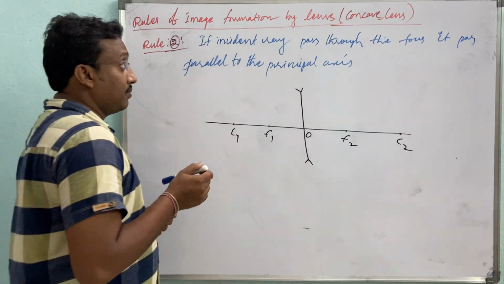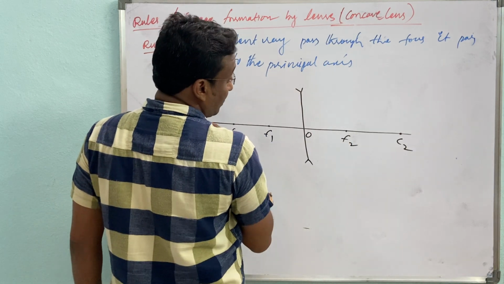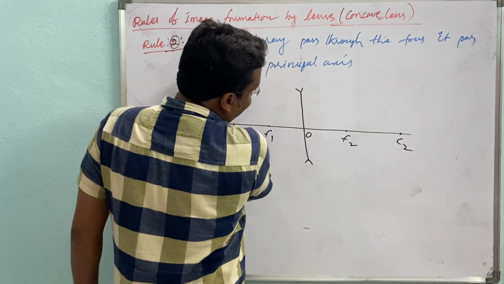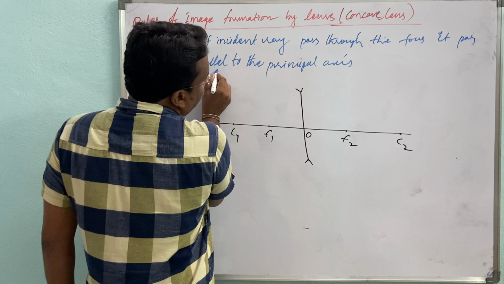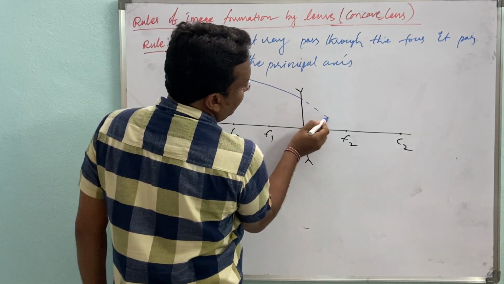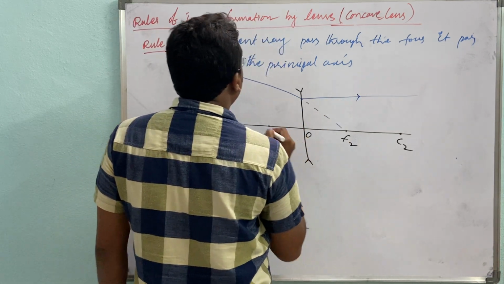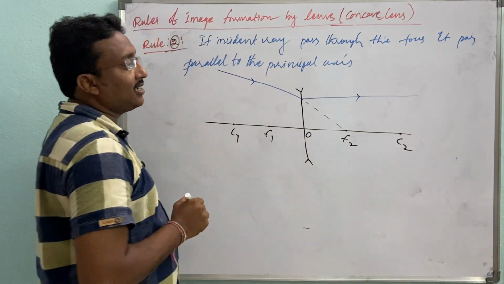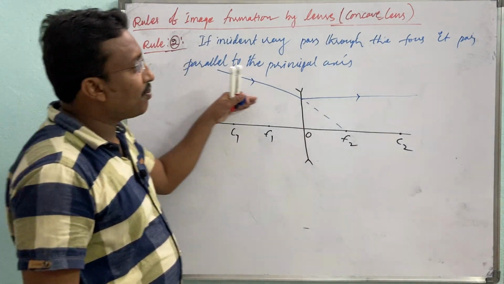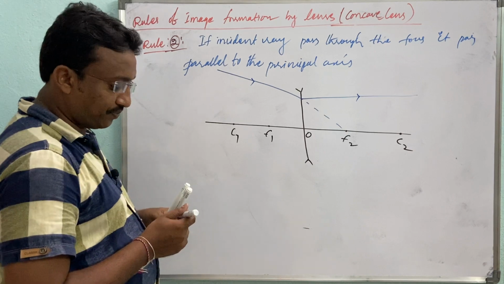Then here it passes through the focus, right? Okay, it appears to pass through the focus, then it is parallel to the principal axis. Got it? It is parallel to the principal axis. This is in rule 2.